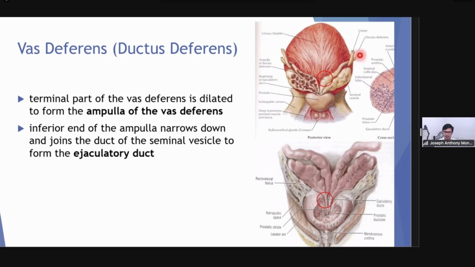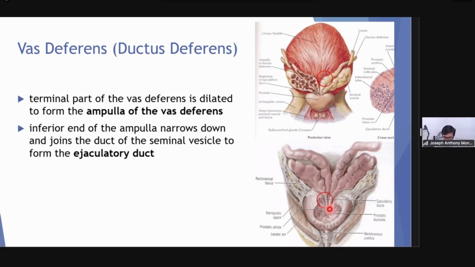Then this ductus, or the vas deferens, before it terminates, will first have a dilation. That dilated portion, before it terminates toward your prostate, will have a union of the ampulla of the vas deferens and your seminal vesicle. That union tapers to become the ejaculatory duct.